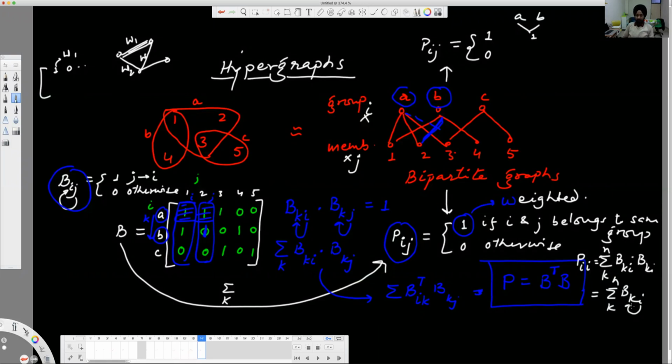Now, let us look at the examples. So what are the examples? Anybody? In social networks, what is the example?